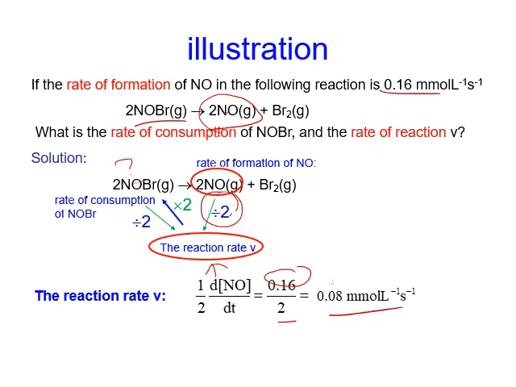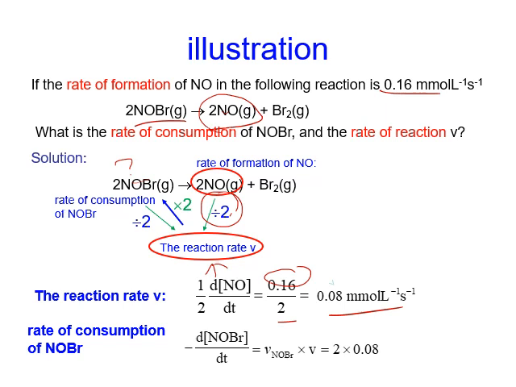This is the rate of reaction. And then from this we can calculate NOBr just by multiplying by the coefficient, which is also 2. All right, and that gives you 0.16 millimoles per liter per second.